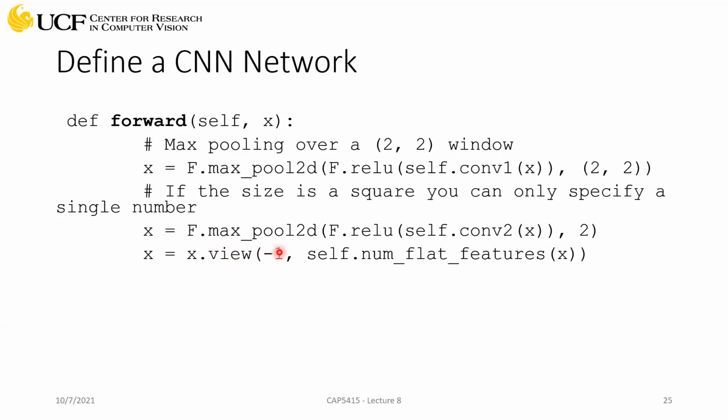And we have a -1 here. And then this is the second dimension. So the second dimension is giving you the total number of values you have in the previous activation map. And then the first dimension you are trying to figure out automatically. So this corresponds to the batch size, because your batch size might change. So this will be the batch size, and this is the flattened feature vector.